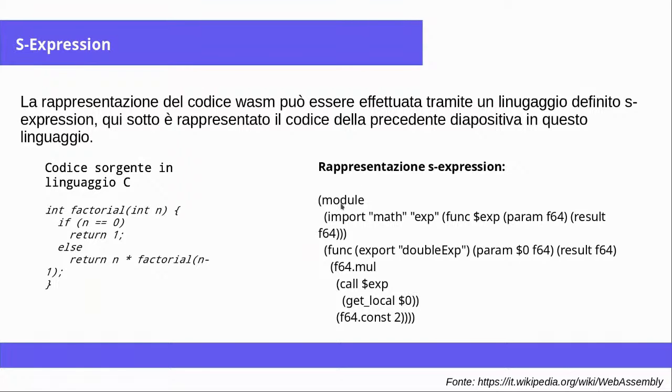Here we define a module, import math, exp, function. There is an import with a param, result f64, result f64, and we export double exp for reading from JavaScript. Afterwards I can show you the difference.